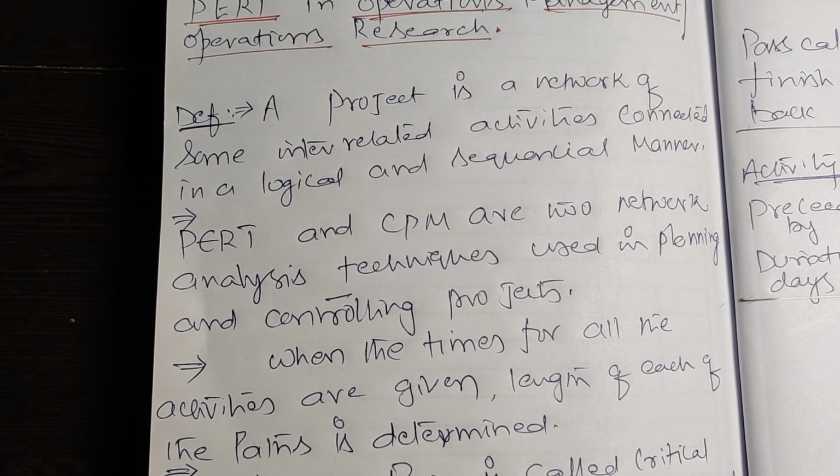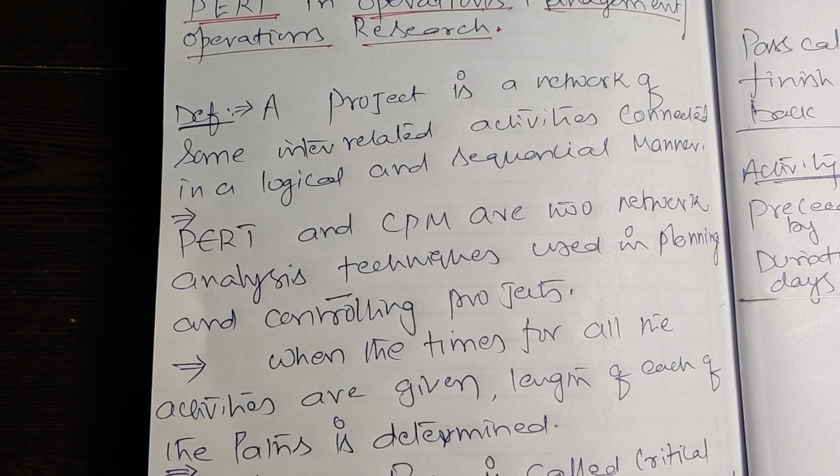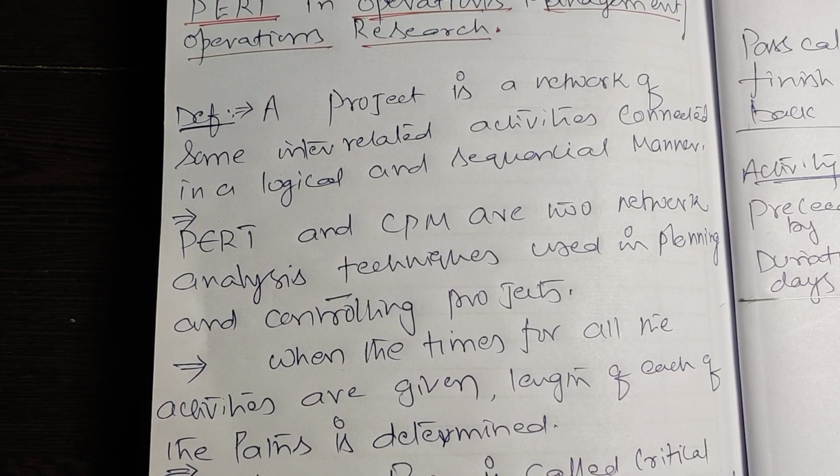Second point to know before going for a network. PERT and CPM are two network analysis techniques used in planning and controlling projects. What is CPM? It is critical path method.